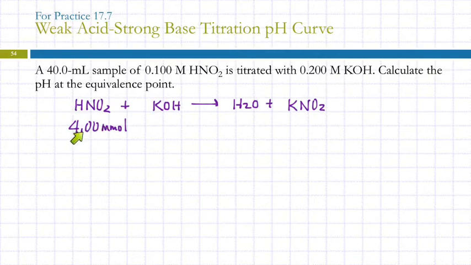So if I have 4 millimoles of acid, how many millimoles of KOH are added at the equivalence point? How many millimoles of acid? You guys are having a brain fart. Okay, so here's my acid.